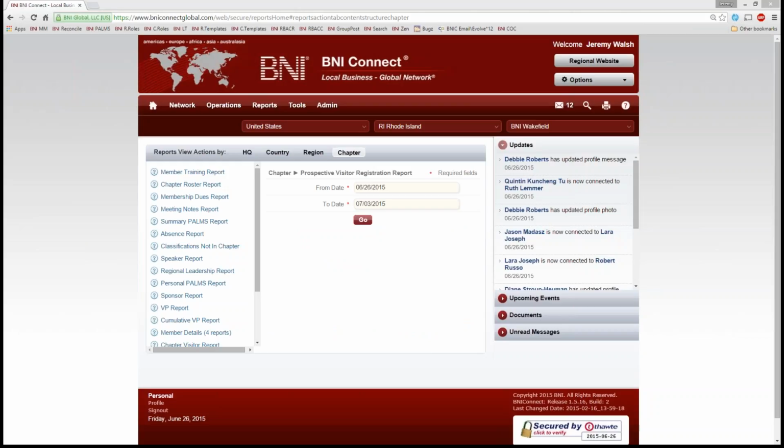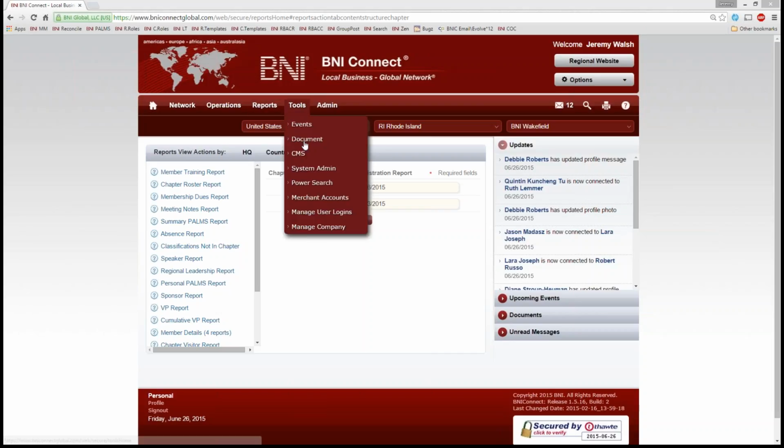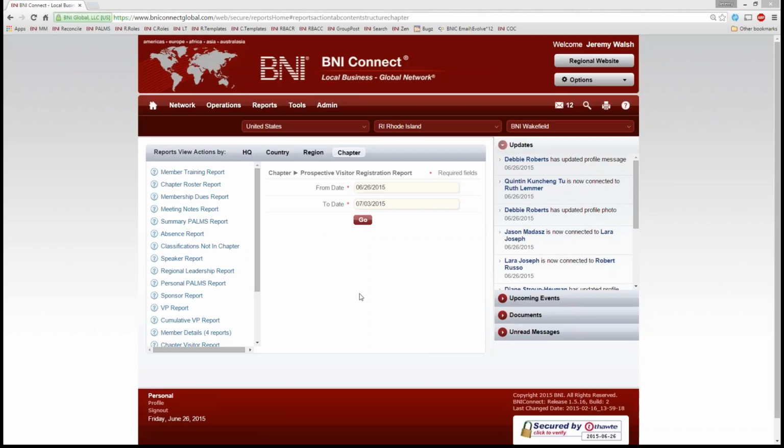We have a question here from Kim. Kim says, is there a traffic light report you can run for the members of your group? At this time, the traffic lights stop at the chapter level. They don't go all the way down to the member level. One of the reasons is they are still deciding what the worldwide calculations are going to be.